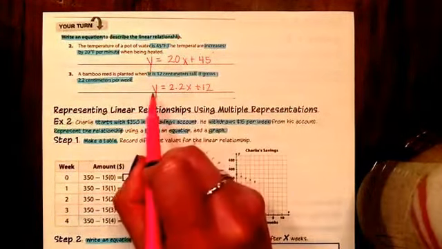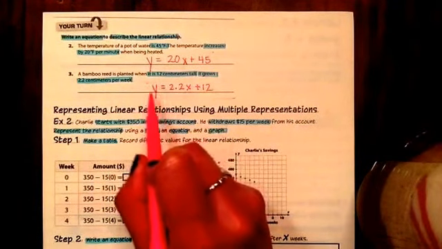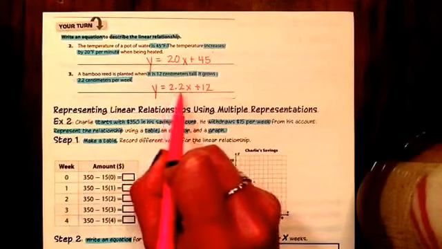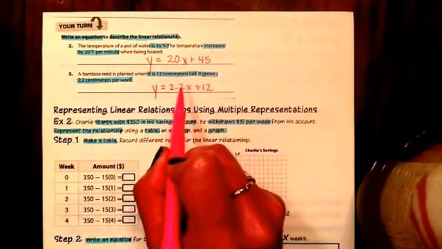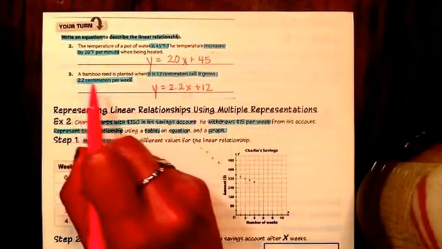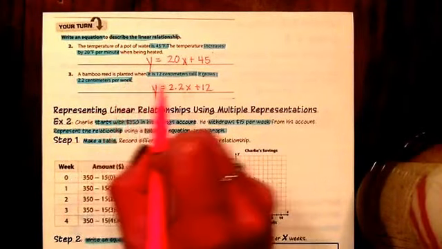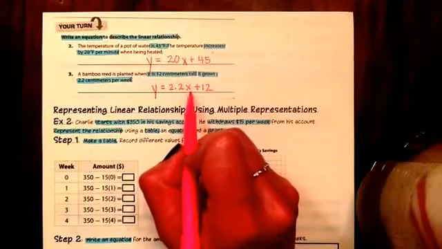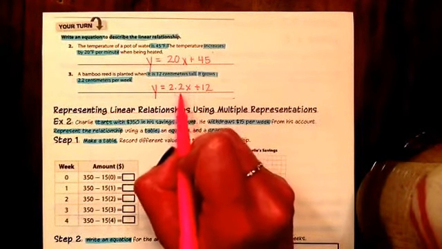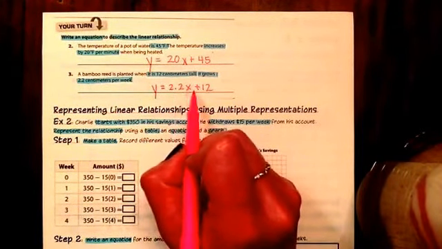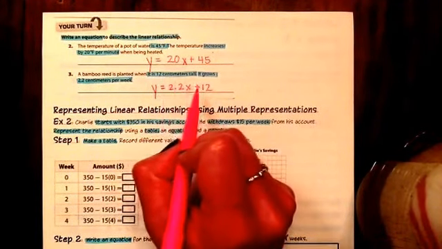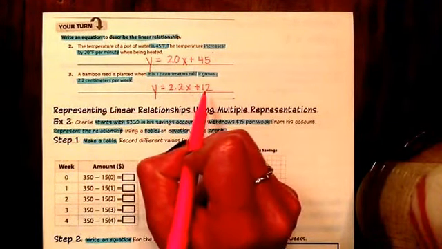So y, remember that's our answer, that's what we're looking for, equals the 2.2, which is our rate of change because it is growing 2.2 centimeters per week. So per week means that however many weeks it's growing, you're going to multiply it times the 2.2. Plus, it was already 12 centimeters when we planted it. So that's why it is plus 12 here.